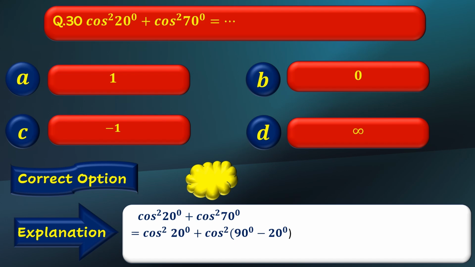We write cos square 70 is equal to cos square 90 minus 20, and as cos of 90 minus theta is equal to sine theta, therefore cos of 90 degrees minus 20 degrees will be equal to sine of 20 degrees. Therefore, given expression becomes cos square 20 degree plus sine square 20 degree, which is equal to 1. Therefore, correct option is option A.